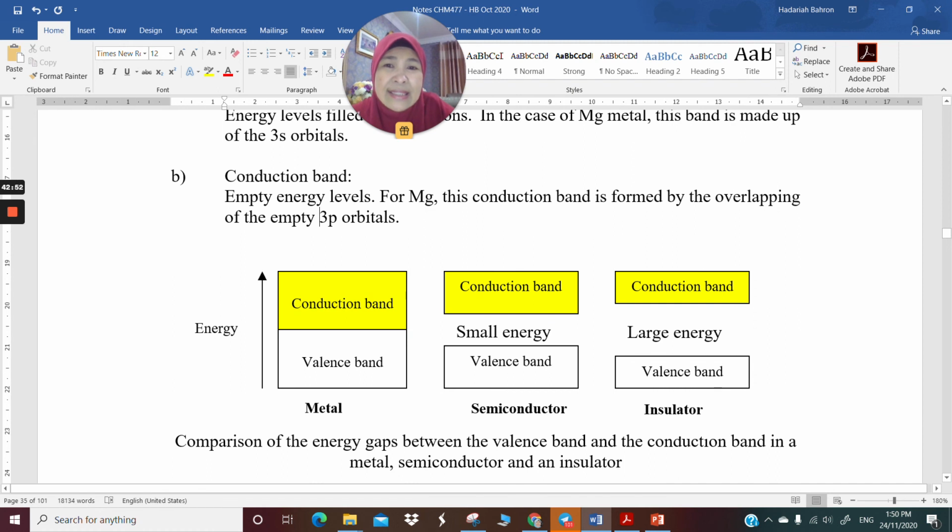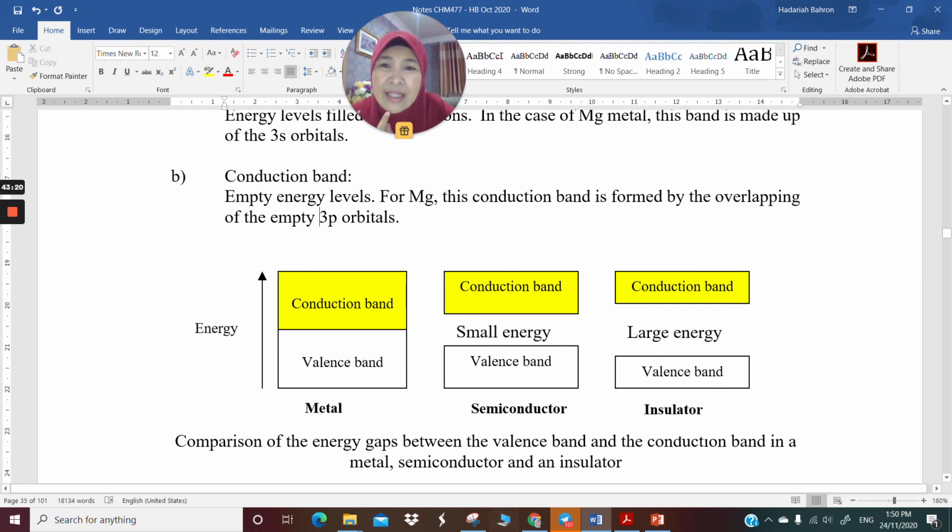Whereas there is a type of material called semiconductors, where the energy gap between the valence band and the conduction band is quite small. Given excitation energy, maybe through heat or photons, some electrons from the valence band can jump onto the conduction band, but you have to provide some energy for those electrons.